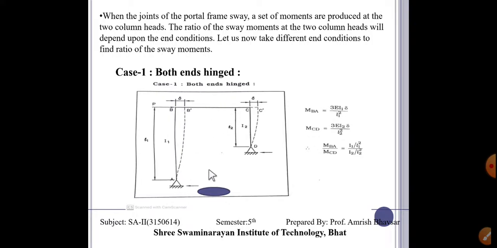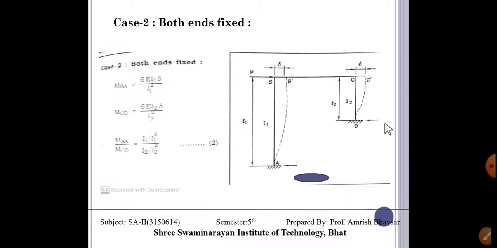Here also a hinge and here also a hinge. Then the moment of BA is 3 EI delta upon L square, as we know. Here also 3 EI delta upon L square. The I is different, the length is different, then we can get some ratio of these two moments, which is used in the calculation of moment.